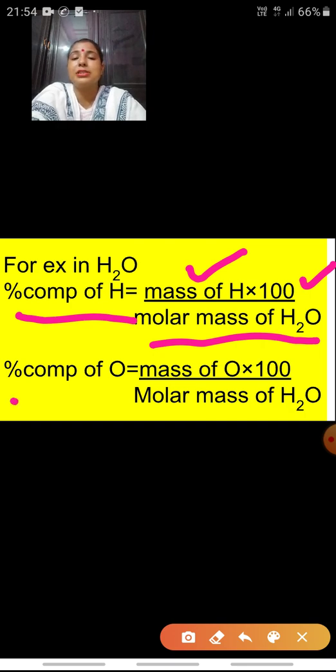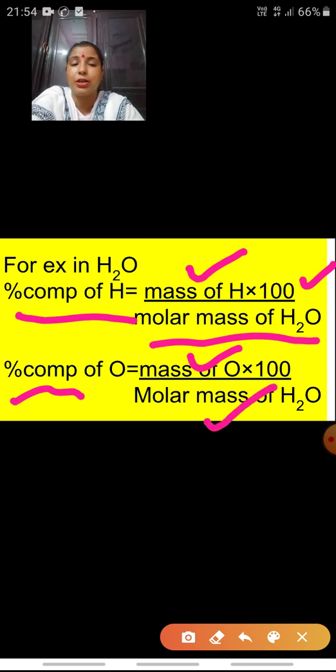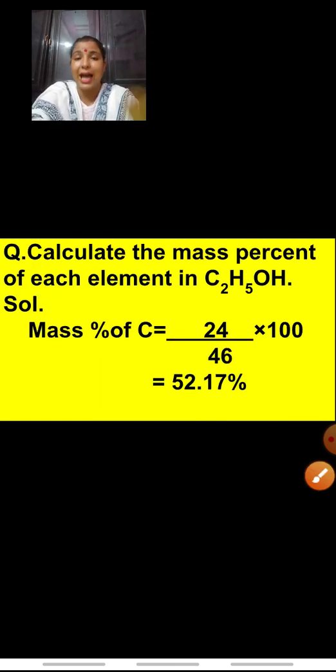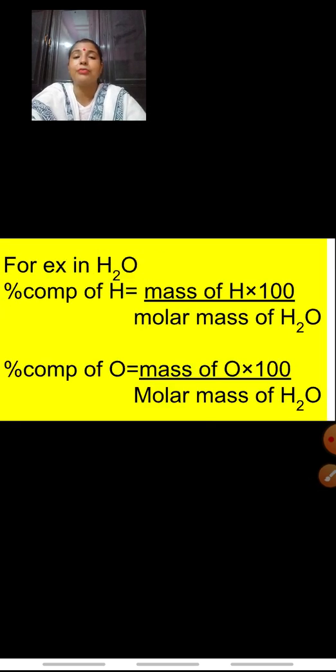Similarly, the percentage composition of oxygen we can also calculate. It will be equal to the mass of oxygen divided by the molar mass of the compound, that is water, multiplied by 100. That means actually what we are calculating? If 100 gram of the substance is there, how much will be hydrogen and how much will be oxygen.